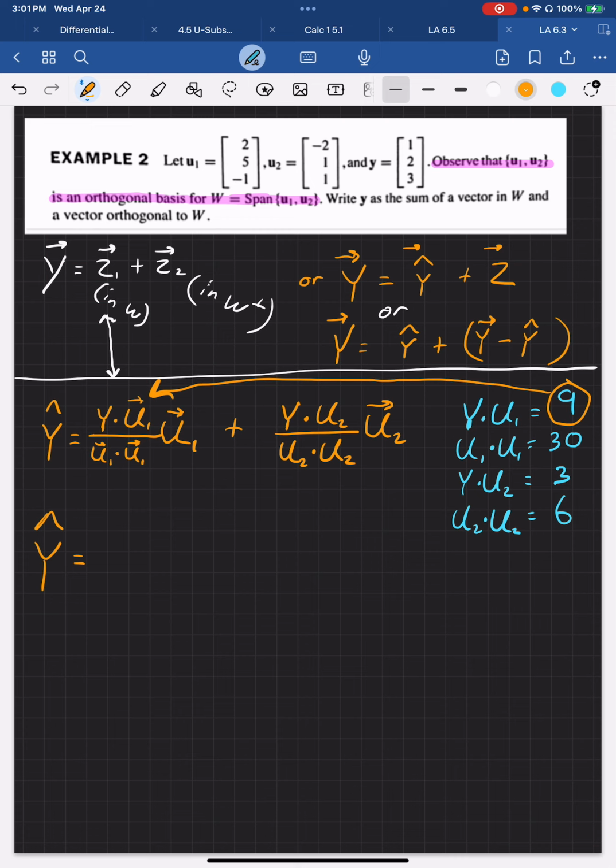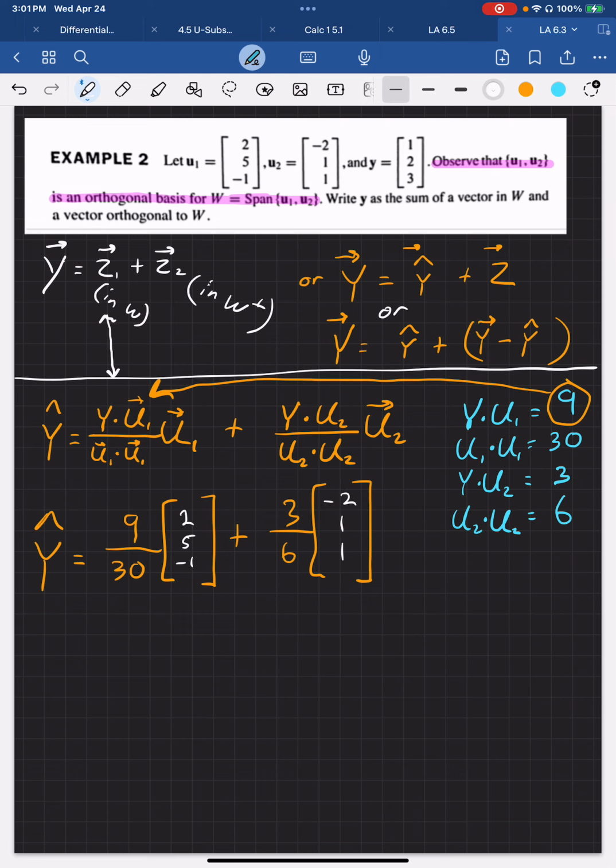So we're going to have 9 divided by 30 multiplied by u sub 1, plus 3 divided by 6 multiplied by u sub 2. And u sub 1, we are told, is 2, 5, negative 1. U sub 2 is negative 2, 1, 1.